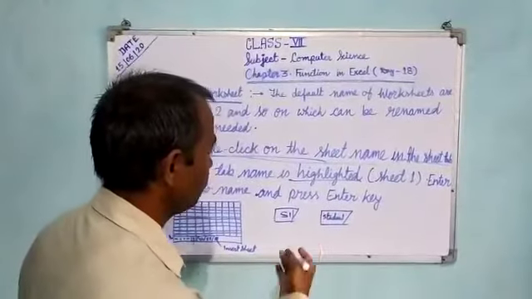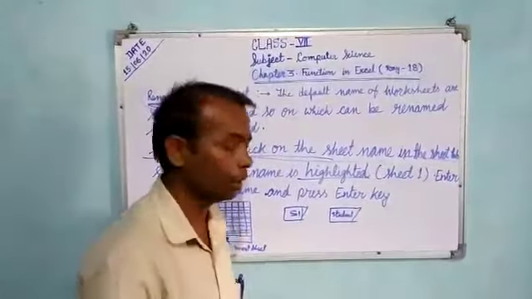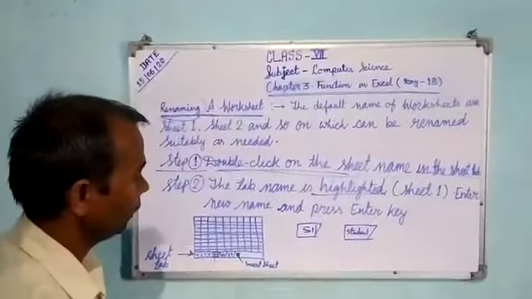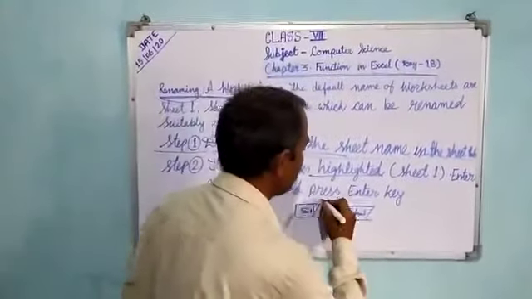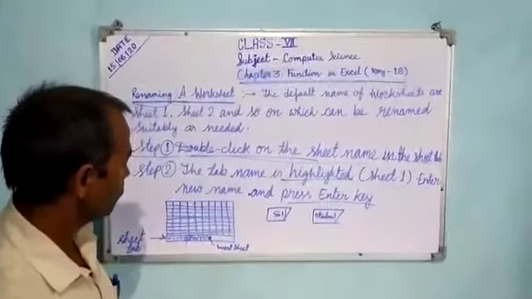Suppose you want to write Students Sheet in place of Sheet 1, then you write it here, and after completing it, you have to press the Enter key. Then it is going to complete and save.